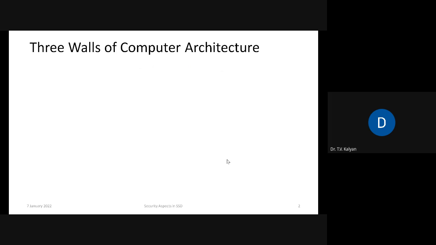Walls, as the name suggests, represent hurdles, and these three hurdles that were present for computer architects have impacted a lot of the design choices across the years.